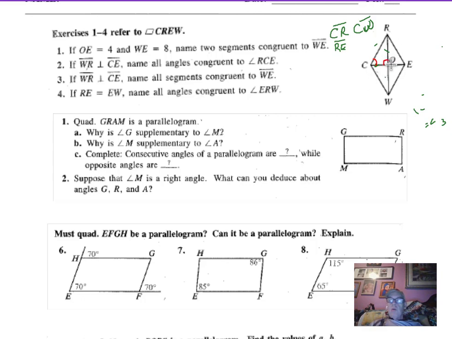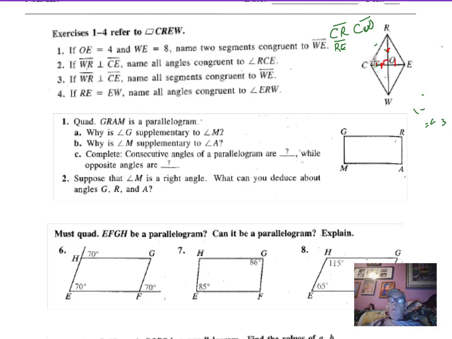So this is a parallelogram. If this is perpendicular, that means this is a right triangle. These bisect each other. CO bisects CE. So this segment and this segment are congruent. This is congruent to itself by the reflexive property.